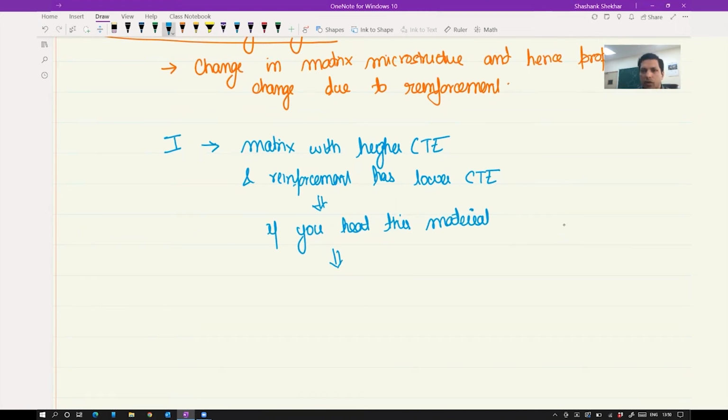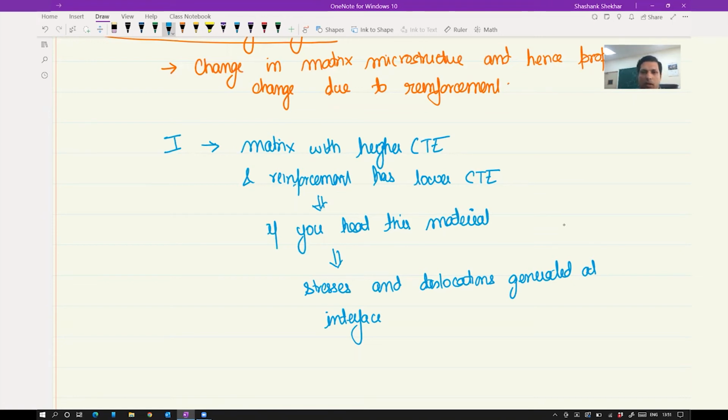And because of those stresses, dislocations would get generated at the interface. So you can see that now you have dislocations, and we remember that when dislocation density increases, there is strengthening.